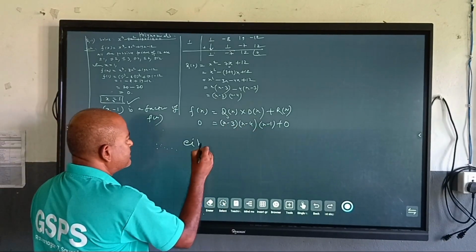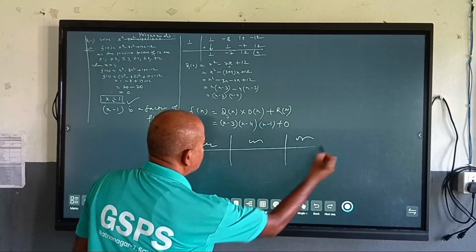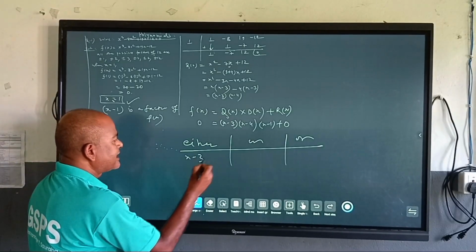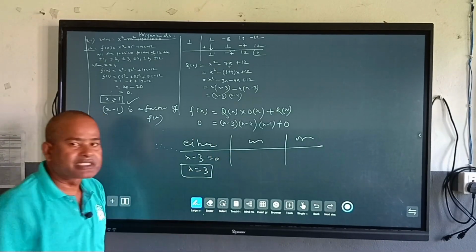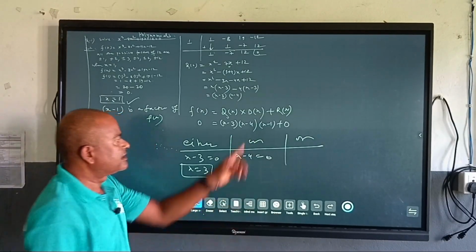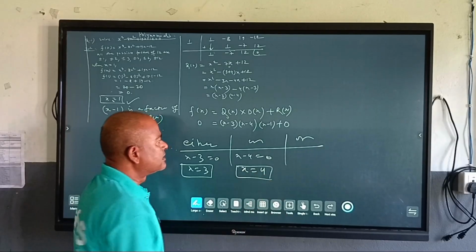So dear students, we have got three factors. Supposing the first factor x minus 3 equals 0, we get the value of x is equal to 3. Again, by supposing the second factor equal to 0, we get the value of x equals 4.